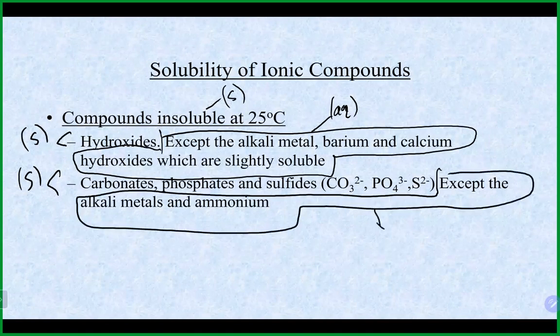Those would then get the aqueous symbol. So for the insoluble ones, pretty much the only exception is if group 1 is involved, which goes back to the other page, or ammonium is involved.